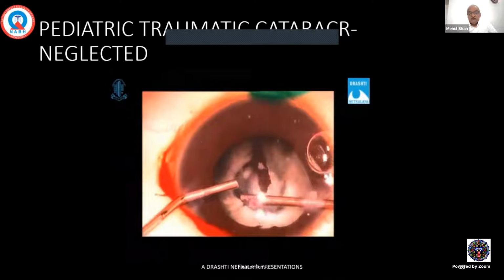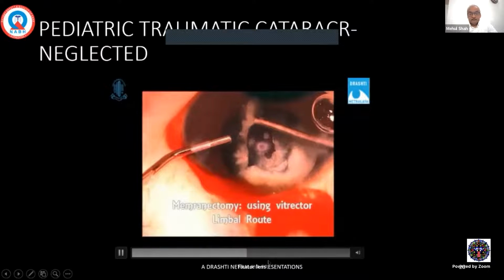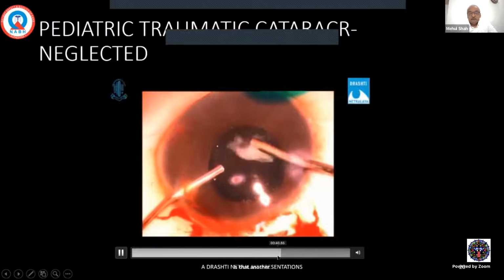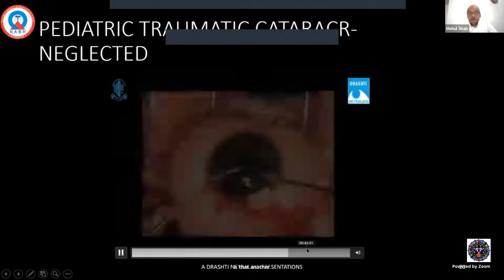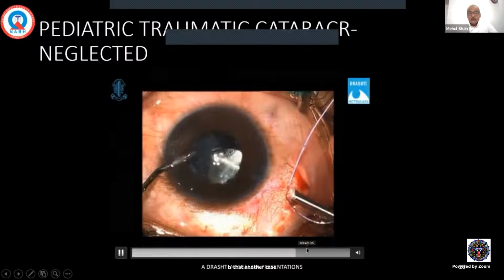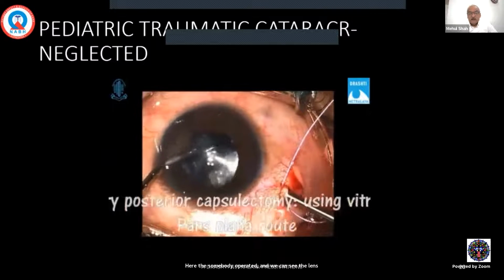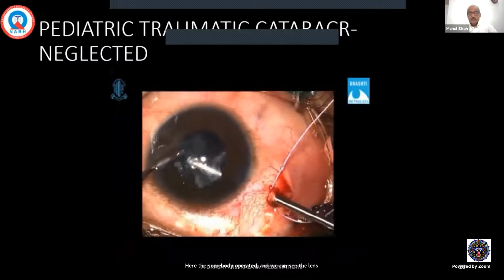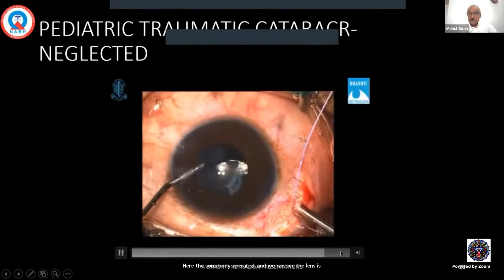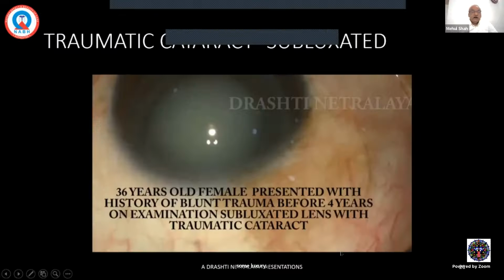This is another case. Here somebody operated and we can see the lens is subluxated. We did the vitrectomy and relocated the lens. This is a subluxation.